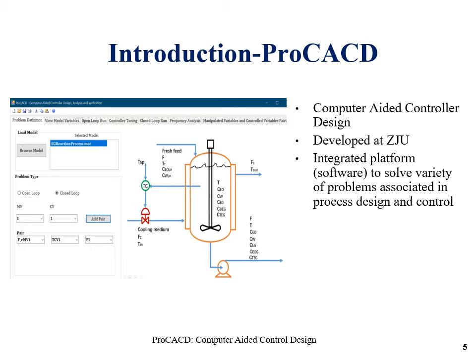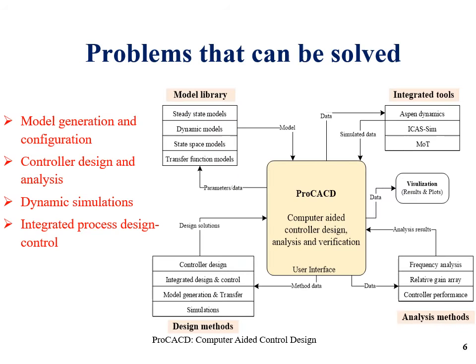Now let's see what different problems it can solve and what the overall architecture of the tool is. This slide gives the overall architecture, but the most important thing to understand is the different types of problems that can be solved using the platform.